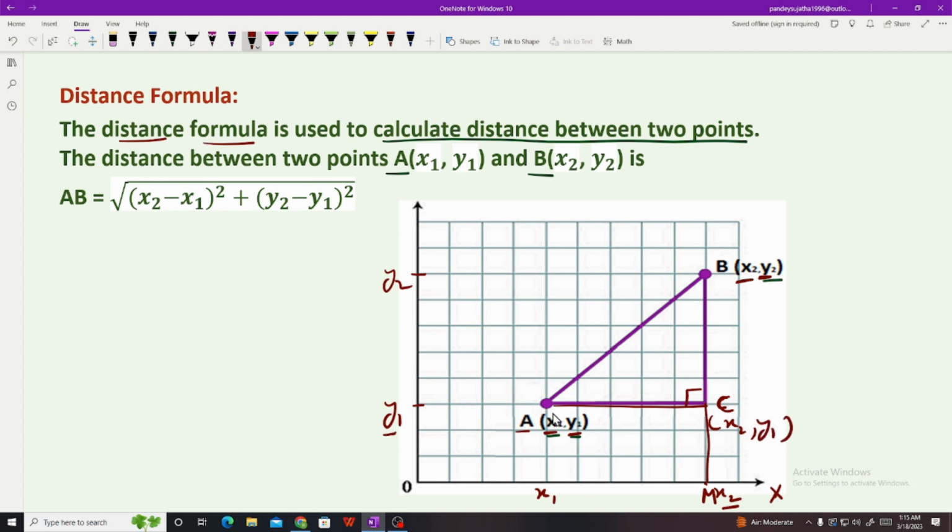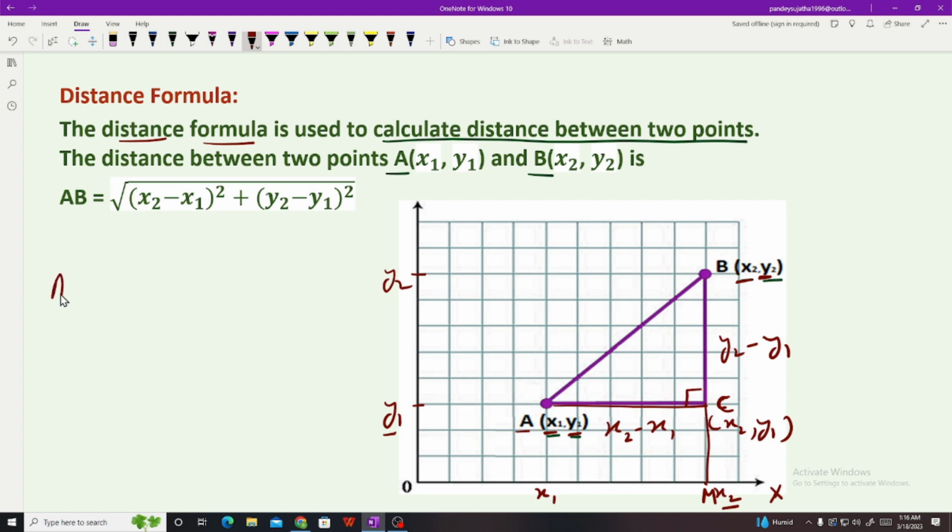So now the distance of AC will be x2 minus x1, and the distance of BC will be y2 minus y1. Since ABC is a right angle triangle, we are going to use the Pythagoras theorem, and AB is the hypotenuse.